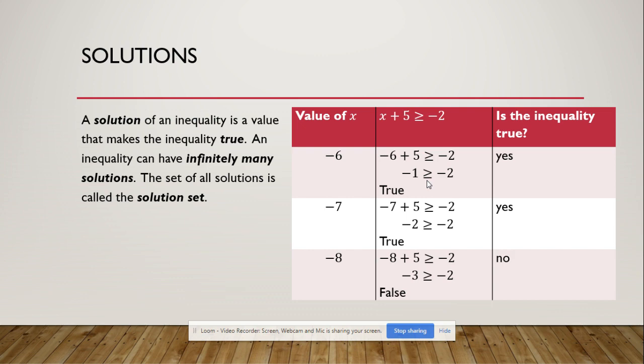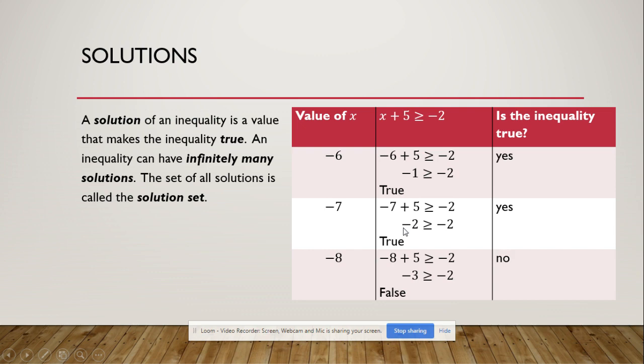Which one is a warmer temperature? Which one is a colder temperature? While both of these are cold, negative 1 is higher up. It's only 1 below 0. This is 2 below 0. So negative 1 would in fact be greater. This is true. So yes, it is a solution.